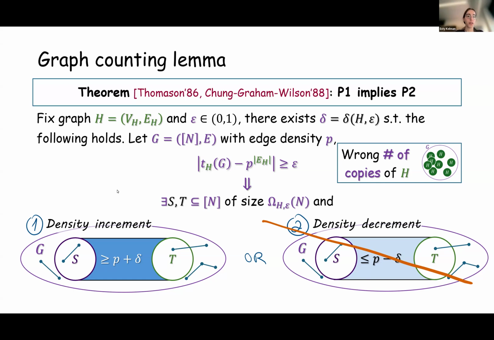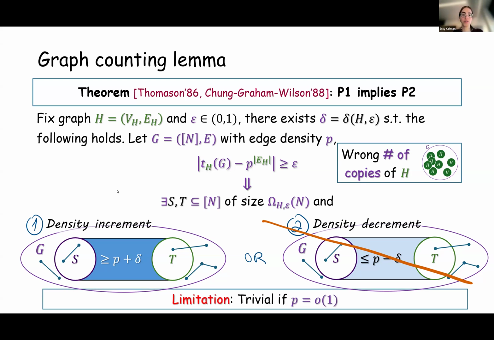So now we should be very happy. We wanted to do a density increment argument, and we have a theorem for this. So what's wrong? The problem is that our setting is for sub-constant values of p, and this theorem becomes trivial. So what would we want to have?